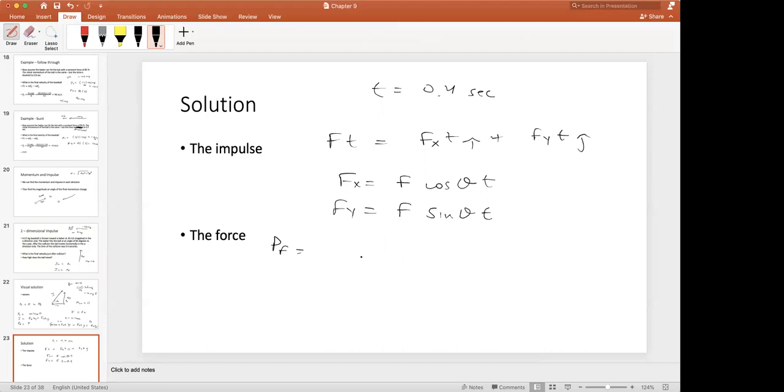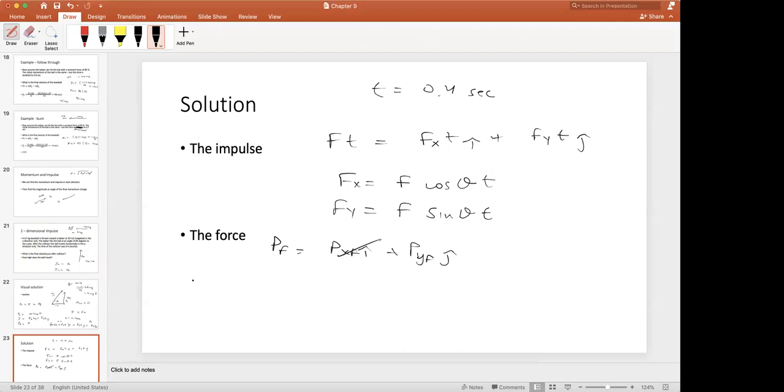We know that p final is only in the j hat direction. It would be px final i hat plus py final j hat, but there's no velocity in the x after the collision. So we know this has to be true, right?